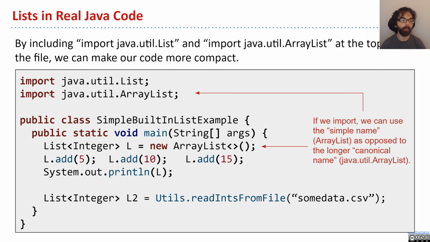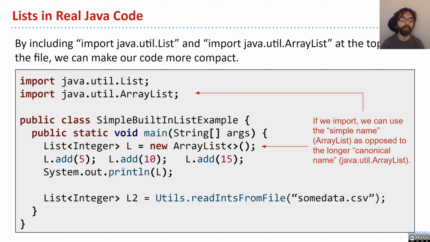Basically what this import statement does is it tells the compiler, anytime you see ArrayList, what I actually mean is java.util.ArrayList. Now you might say to yourself, why would anybody ever write code that looks like List<Integer> L = new ArrayList? Partially it might be a thing of aesthetics. Like, I don't really care that it's an ArrayList, so I'm going to store it in a List variable. And because of the magic of dynamic method selection, I know that it's going to be calling the right method.